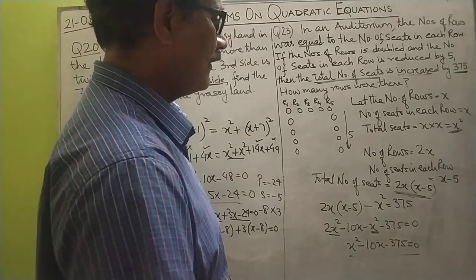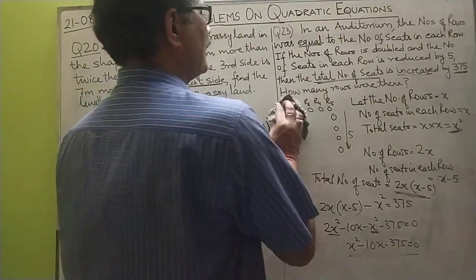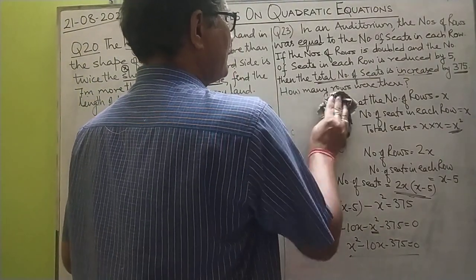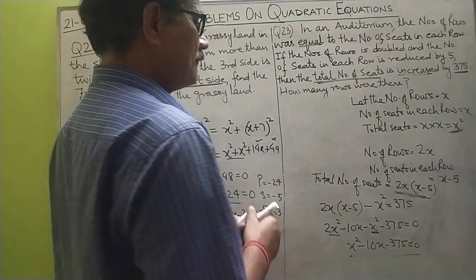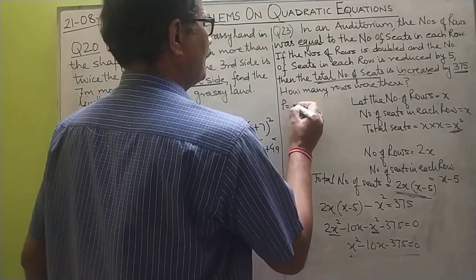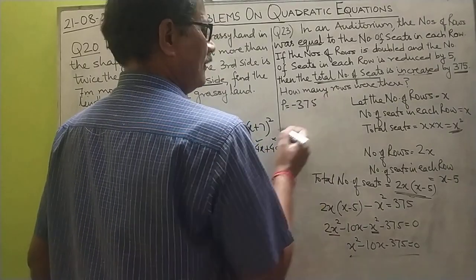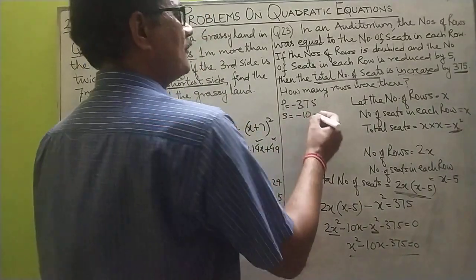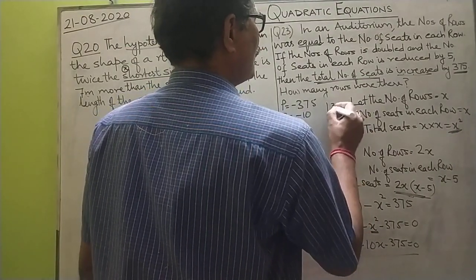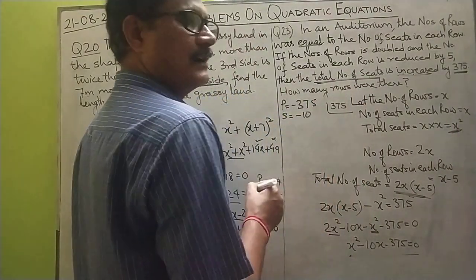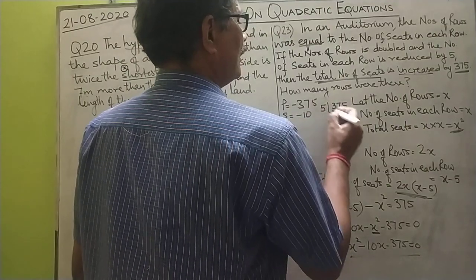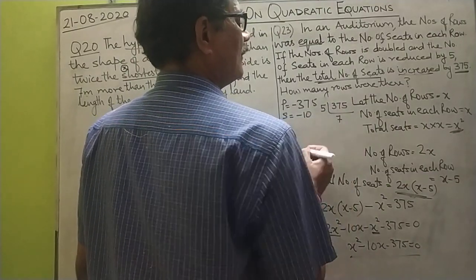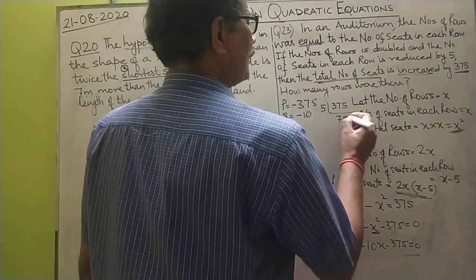Now 375 is the bigger number, which is the product here. So the product is minus 375 and sum required is minus 10. So let us find the factors of 375 here. In order to find the factors, I divide it by 5. 5 sevens are 35 and 5 fives are 25.